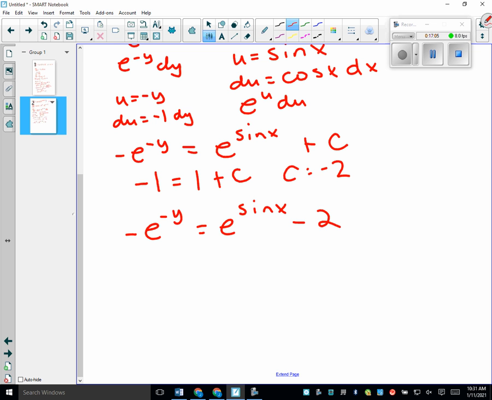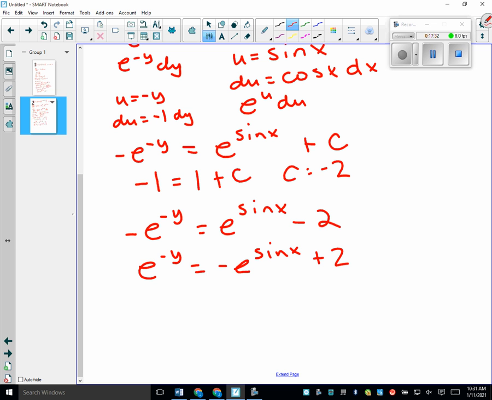What am I going to do? Divide by negative 1. Yes. I like it. Let me go on a whim here. Take the negative y radical on both sides.